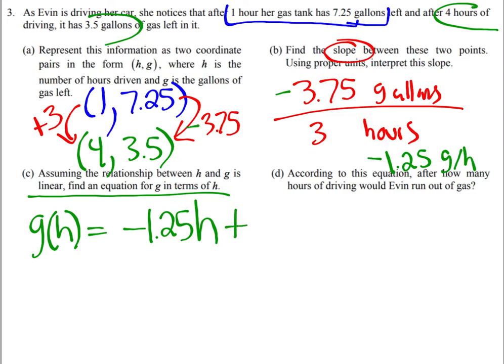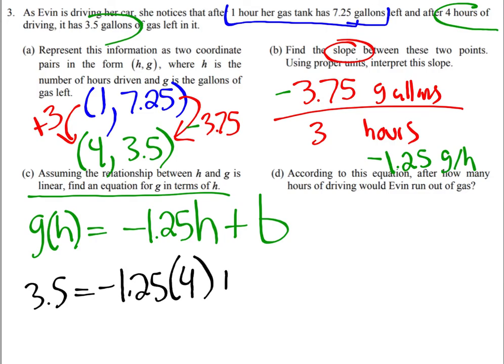All right, plus some starting value b, and then we could plug in to figure this all out, either one of our two pieces of information. So I'm going to go with 4 and 3.5. So 3.5 for 4 hours. What's that starting value?